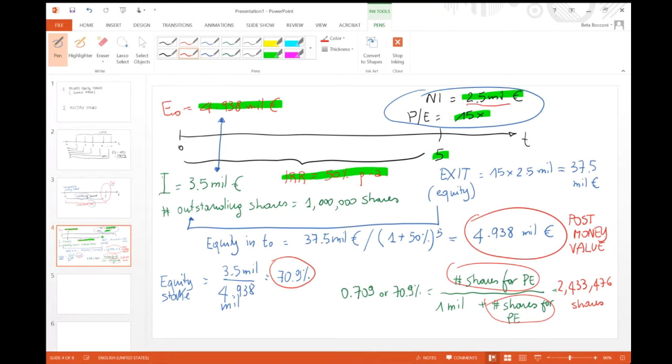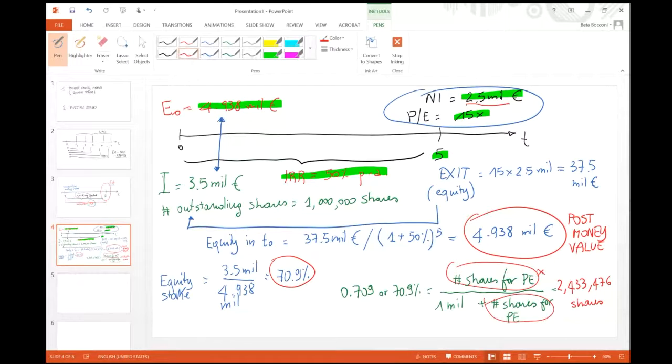So if you take the ratio of 2,433,476 and you divide by 3,433,476, you will receive exactly an equity stake of 70.9.